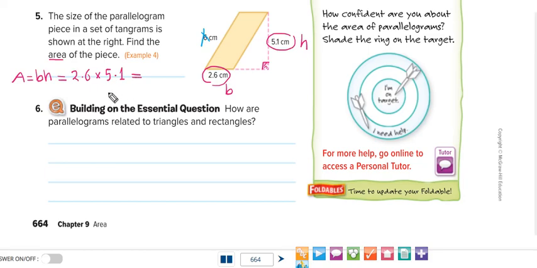Of course, you can do this multiplication and you will have your final answer as 13.26. 13.26 centimeter squared.